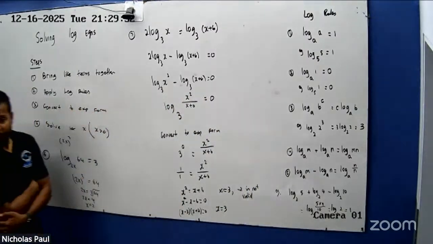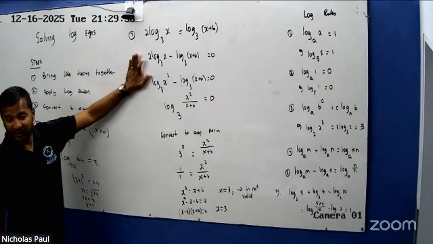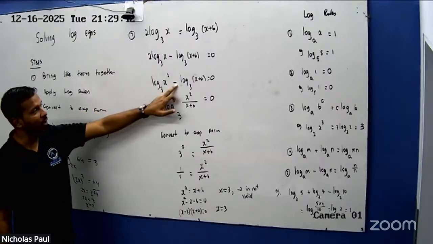Okay with that? So those are generally the steps, right? But what's important is that you get rid of this 2 here. You get rid of this value in front here, right? You can't apply the log rules with a 2 in front here.